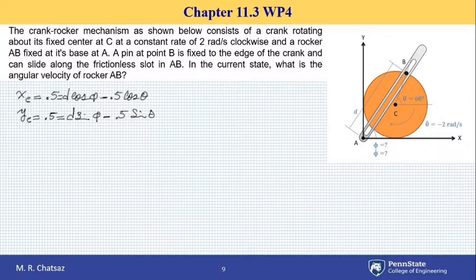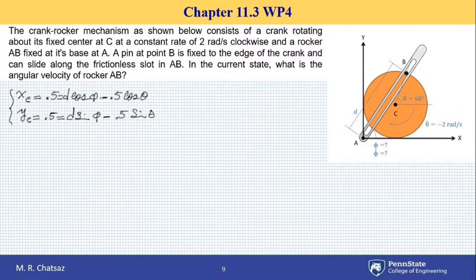Observe that I don't want to use those equations where theta was 60 degrees. I want to first take derivatives, then evaluate at the given values. Otherwise, I would be taking the derivative of a number, which gives me an erroneous 0. So let's go ahead and take the derivative of both of these equations.